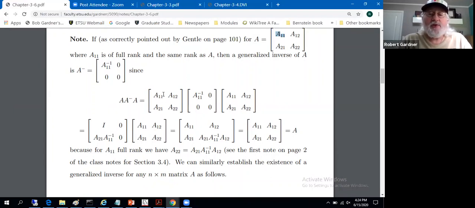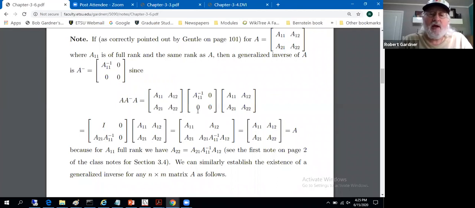Matrix A, we've partitioned above into these four pieces, so we'll get that on the outside. We're alleging this to be a generalized inverse, so we'll put that in the middle. Do your usual multiplication for partitioned matrices, row times column style.